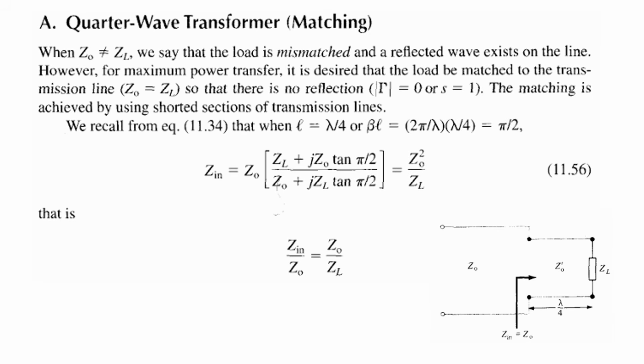So in order to have maximum power transfer, we must match the impedance, that is Z0 must be equal to ZL. So suppose in your transmission line impedance mismatch is there, then how will you match it? The answer is we can use a quarter wave transformer.